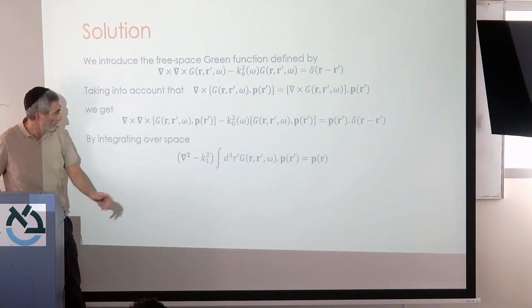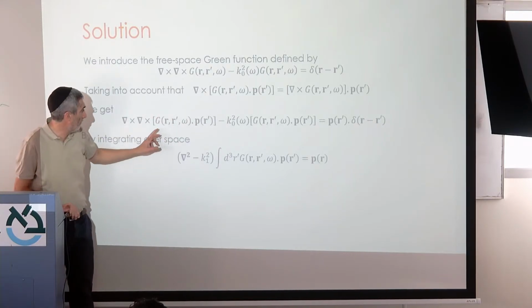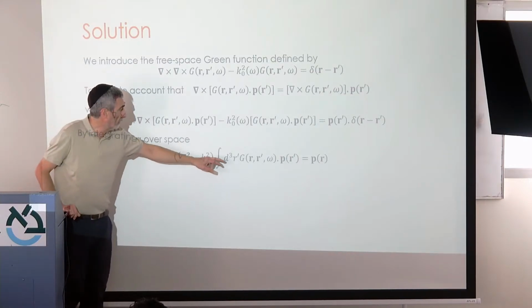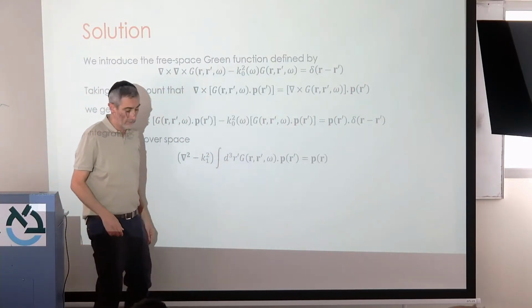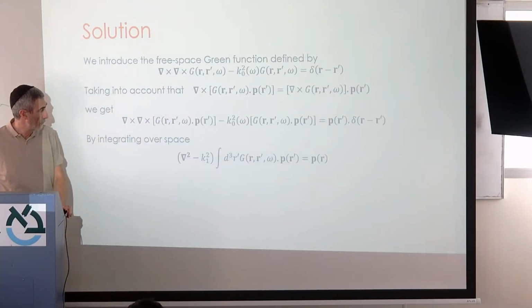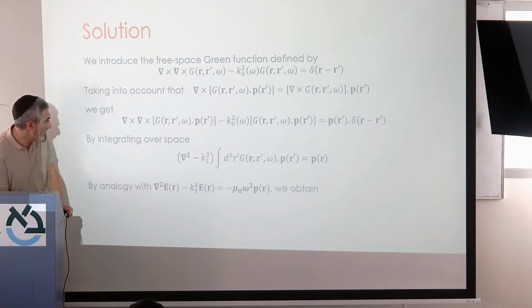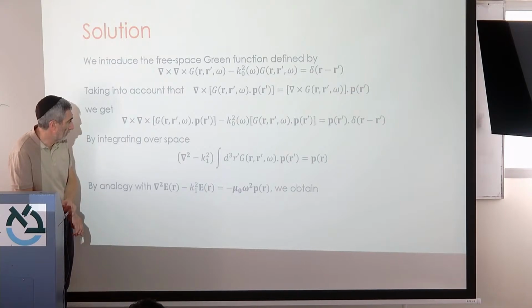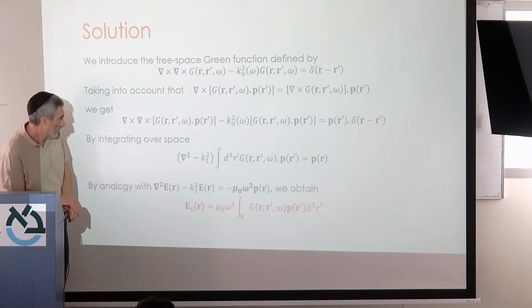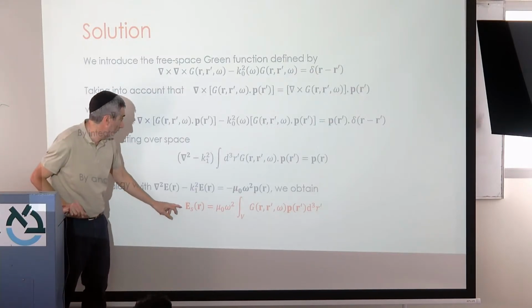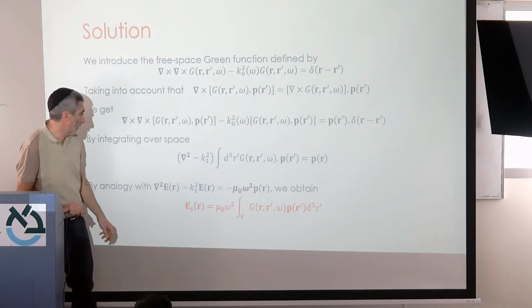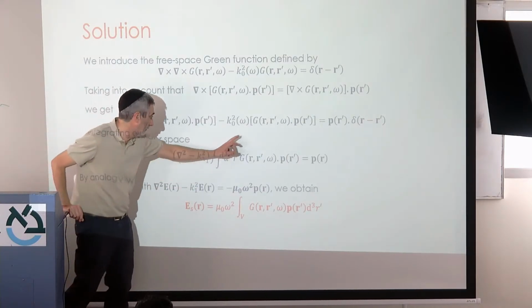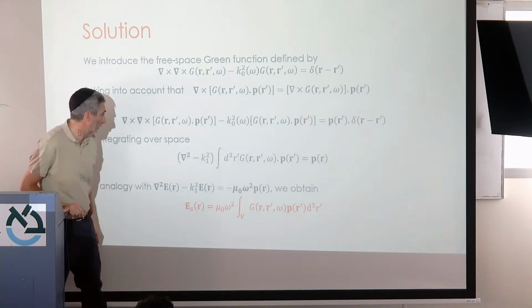So here I'm just reproducing this by integrating over all the space, the dipole moment here, which introduces P. So by analogy with the starting equation for E, you obtain that E, the scattered part of the field, is exactly the term in the integral here.